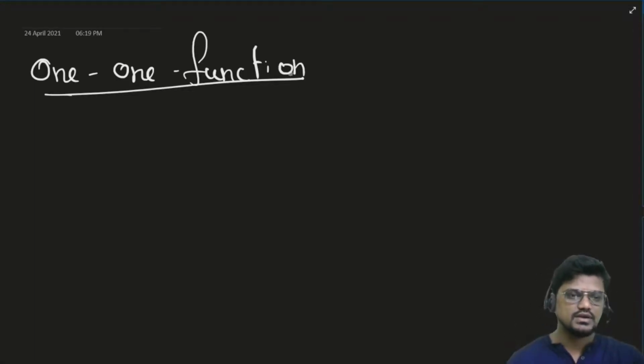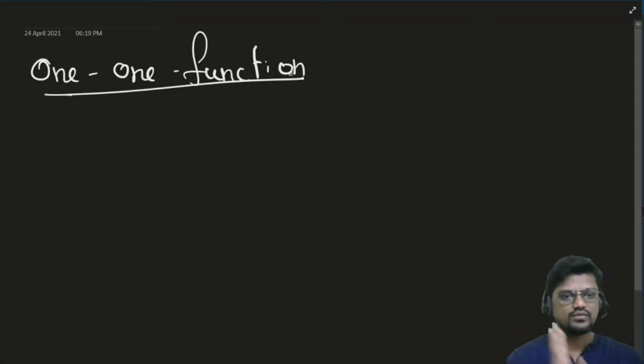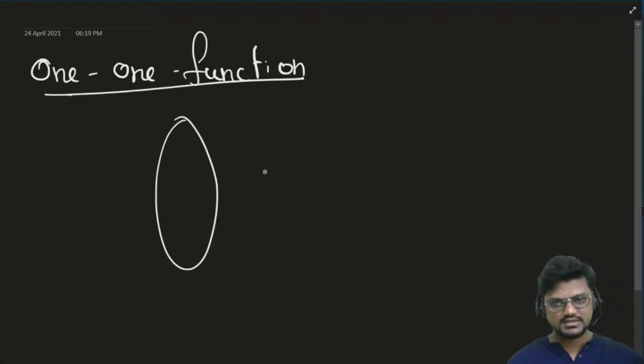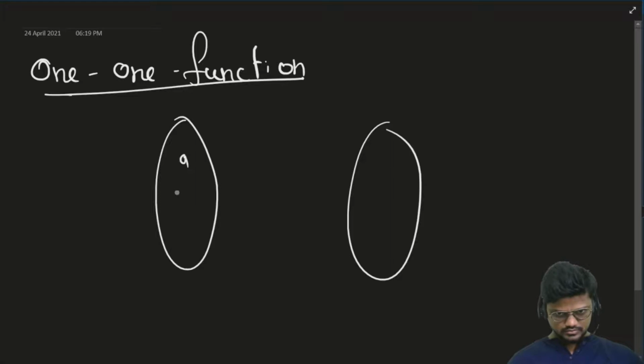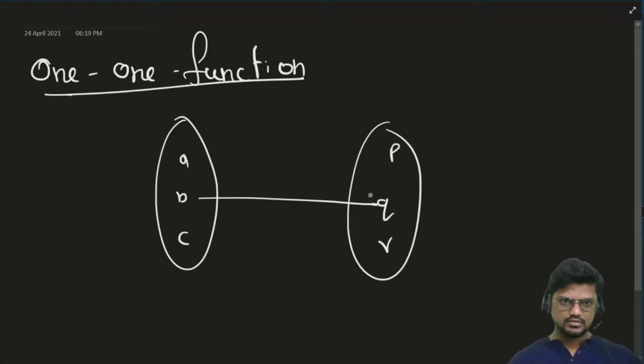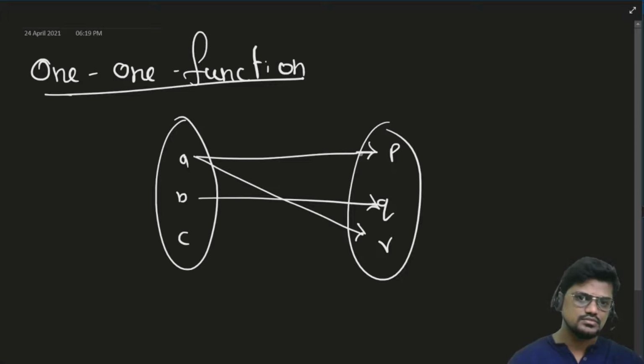At that time the given relation is one-one. So at that time the given function is a one-one function. Okay. So if I write a set like this, is it a one-one function?